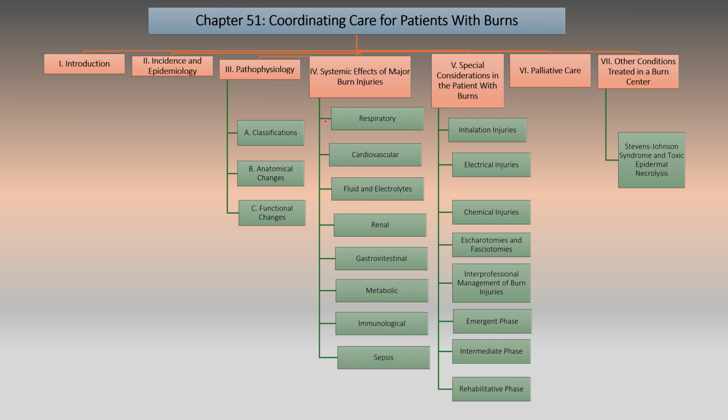Airway edema: thermal injuries often cause rapid swelling in the upper airway above the glottis, requiring emergent intubation. Chemical versus thermal: burns below the glottis are usually chemical in nature from smoke toxins.